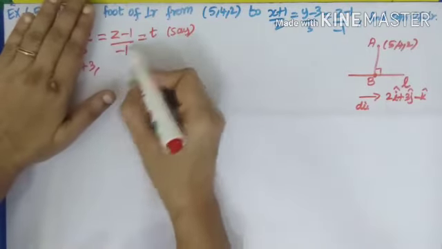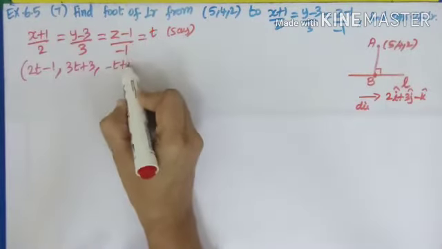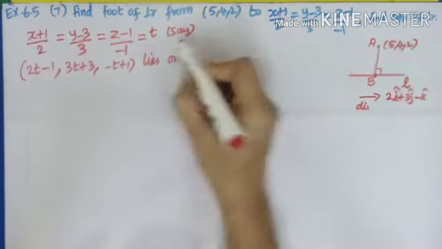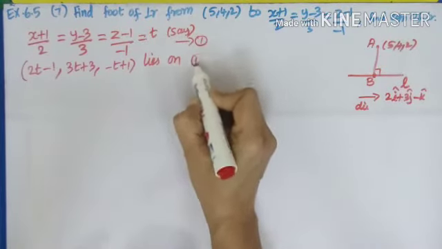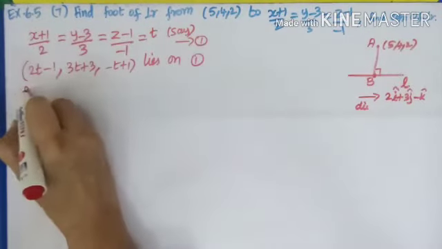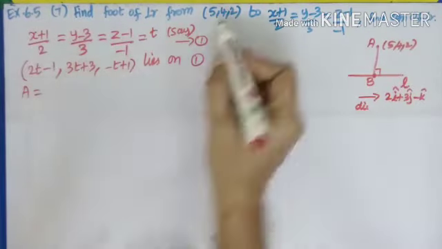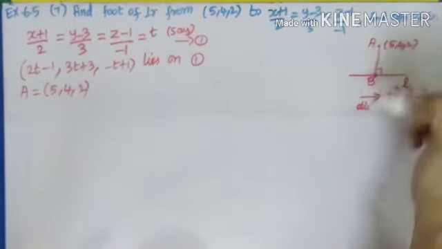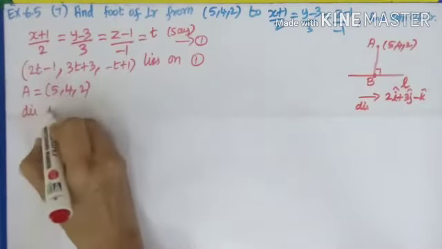Hide x and y: minus t plus 1. It lies on the first equation, so call this as number 1. What is A given to us? 5, 4, 2.